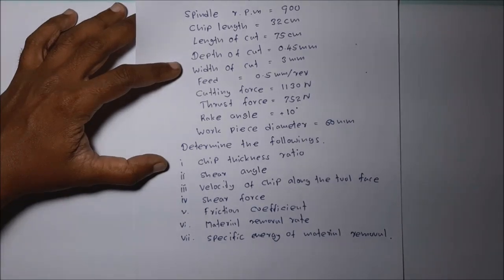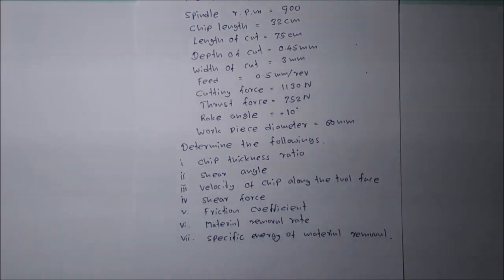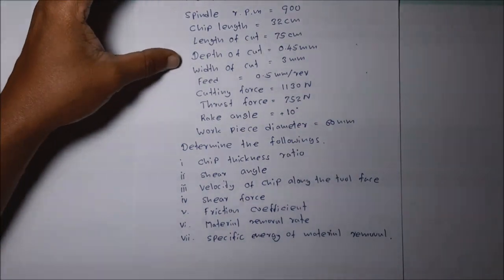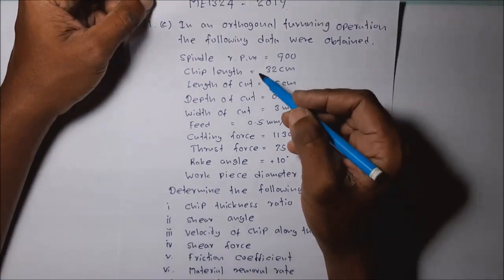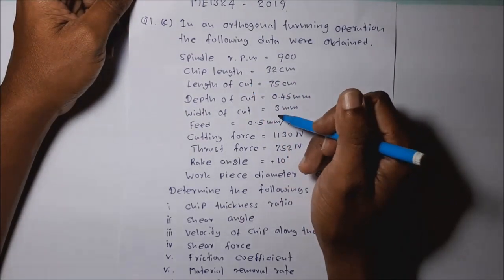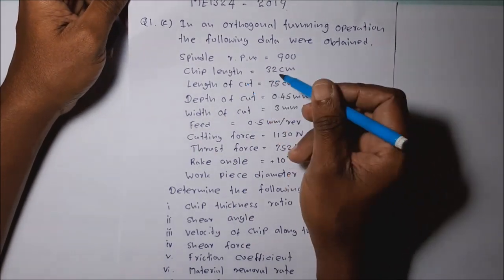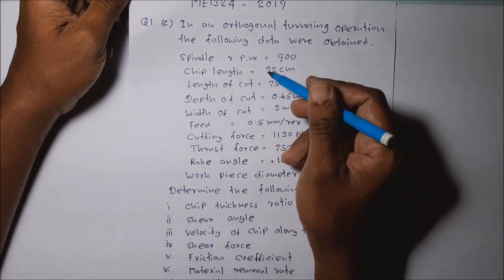Okay, so let's see how to solve this problem. First one, the chip thickness ratio. This time the thickness of the chip is not given, so you have to calculate it by equating the volume.